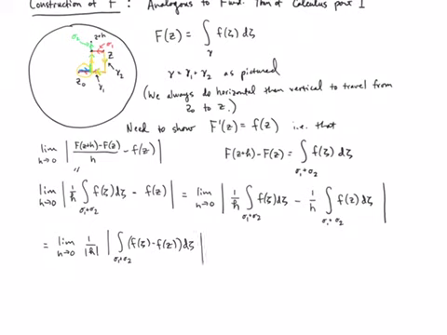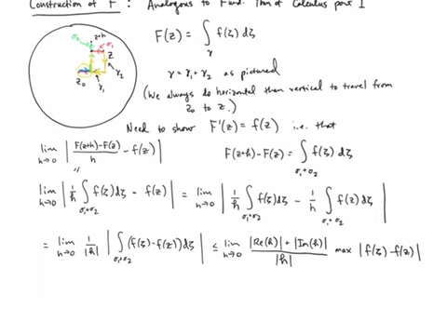And then by the ML inequality, this is less than or equal to the limit as h goes to 0 of the length of sigma 1, which is the absolute value of the real part of h, and sigma 2, the absolute value of the imaginary part of h, divided by h, times the max of f of zeta minus f of z.